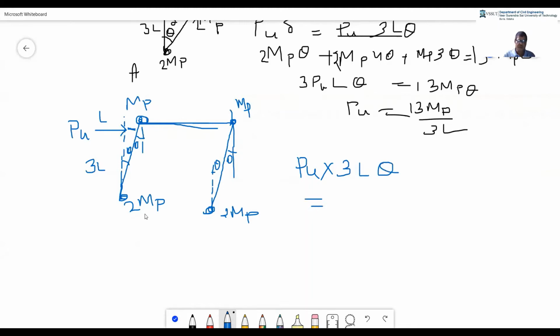This is equal to 2 MP into theta plus MP into theta, here MP into theta. There will be no rotation in the beam, the beam will remain the same like this. So here it will be 2 MP into theta.